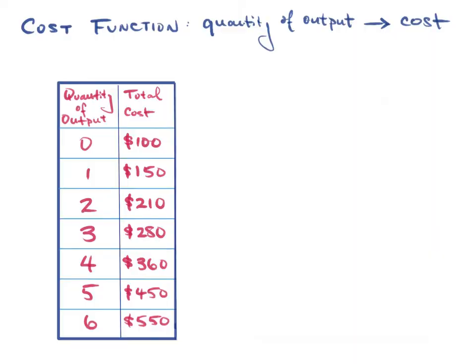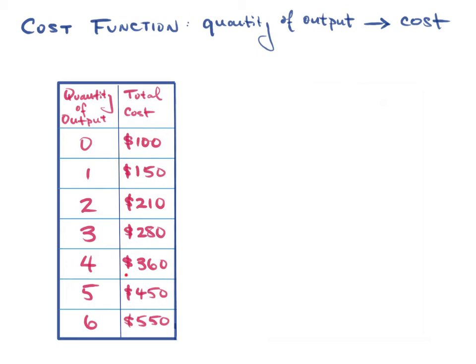In the examples we use in class, we will often start with a cost function for a firm. A cost function relates the amount of output to the total cost of the firm. So this firm, the owners or someone has sat down and figured that if the firm produces one widget, they've added up the cost of the workers, the materials, the factory, and it would come to a total of $150 to produce one widget.